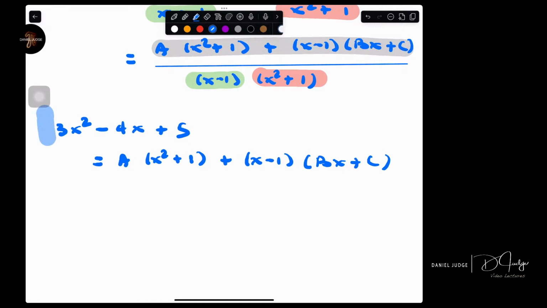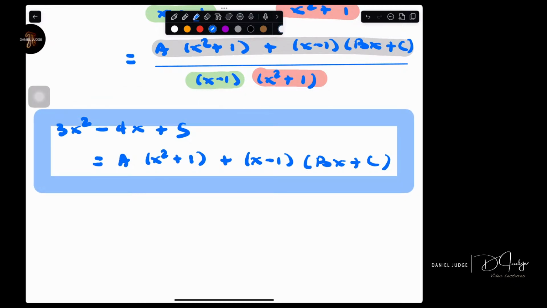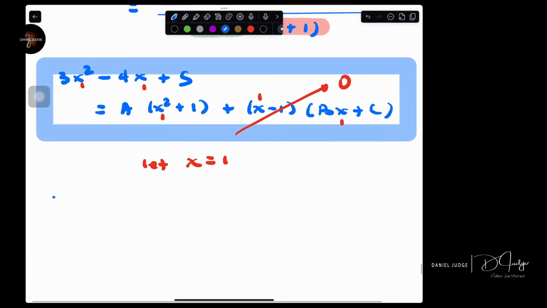So we're going to use this equation, but I'm going to be a little bit strategic because I like something I see here. Something that stands out at me. I know I just got through saying I don't like to take cases. Well, I might just take a case only for the first one. This is nice because if I let x be 1 everywhere, I can zero out this term. So that means 3 times 1 squared minus 4 times 1 plus 5 will be a times 1 squared plus 1.